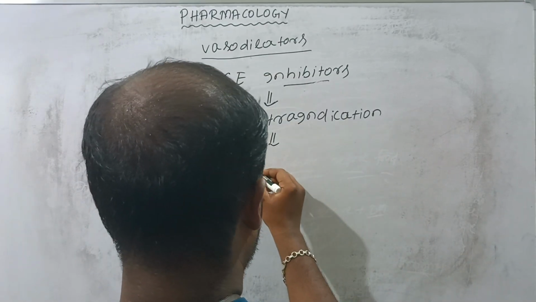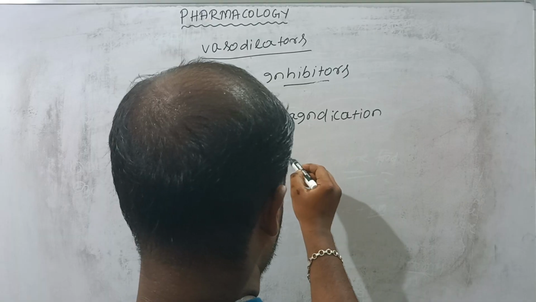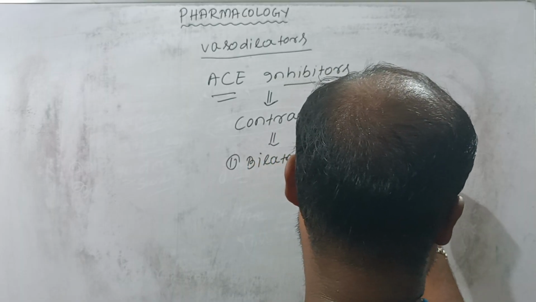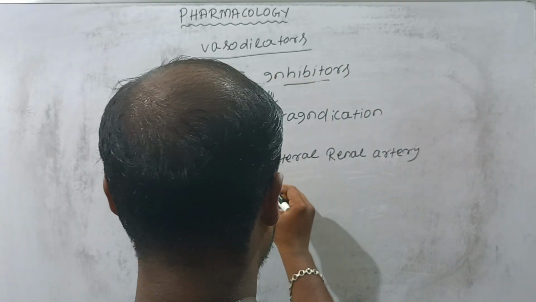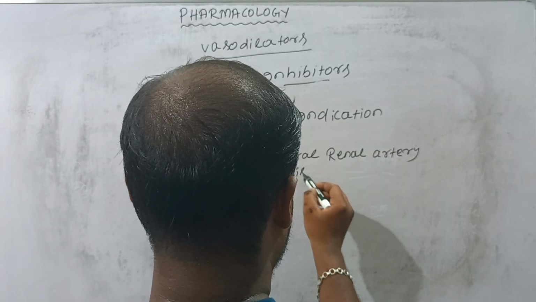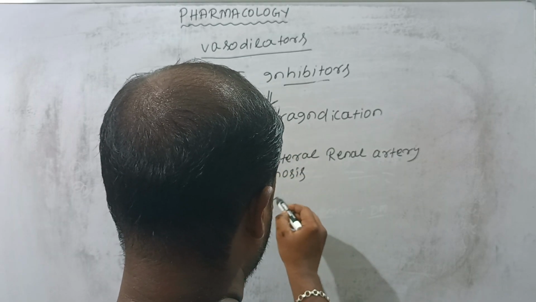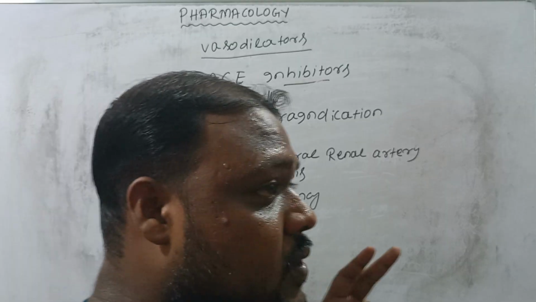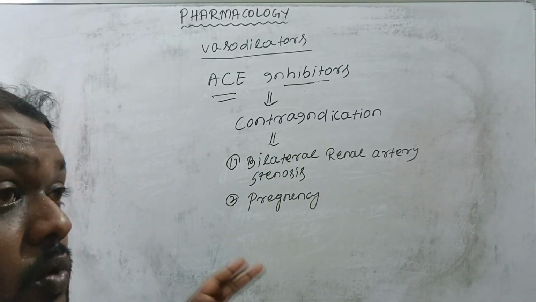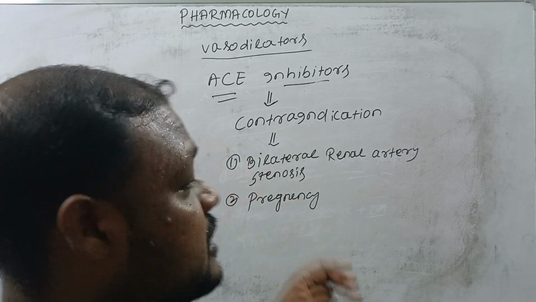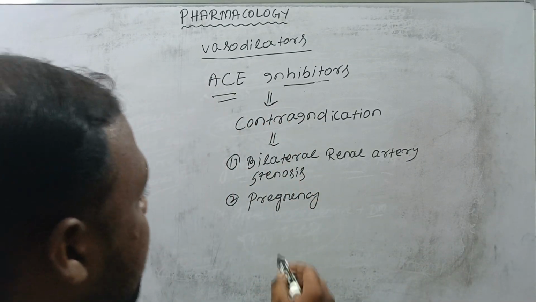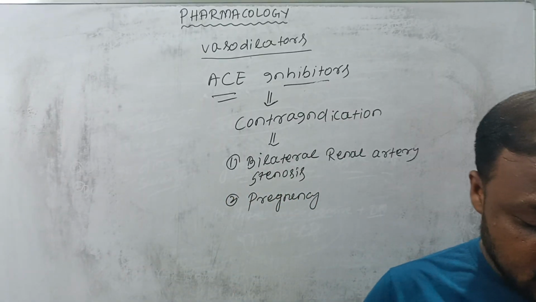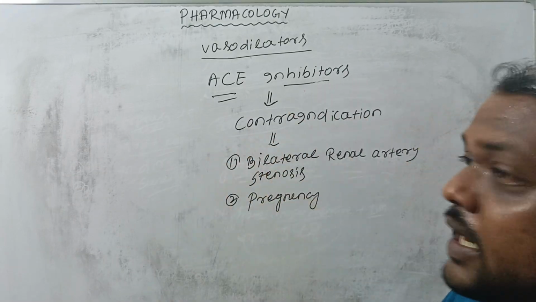First one is bilateral renal artery stenosis. Second one is pregnancy. In these patients, we do not administer the ACE inhibitor.